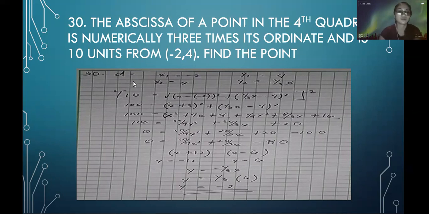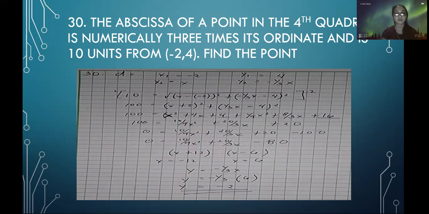So substitute. So 10 is equal to square root of x minus negative 2 squared plus negative 1/3 x minus 4 squared. So square both sides. Equal to 100 equals quantity of x plus 2 squared plus 1/3 x minus 4 squared.